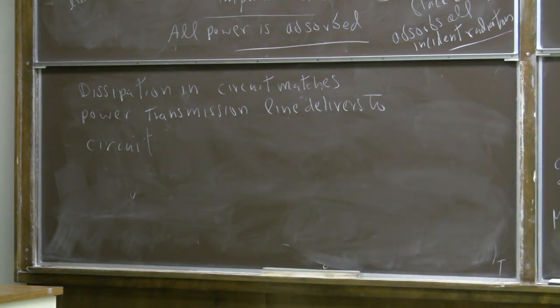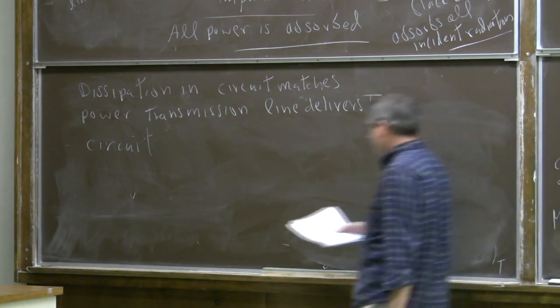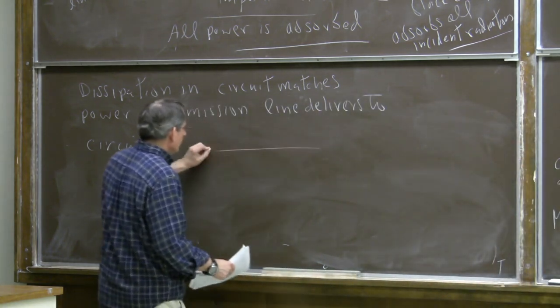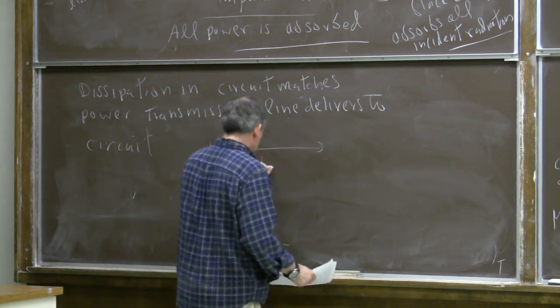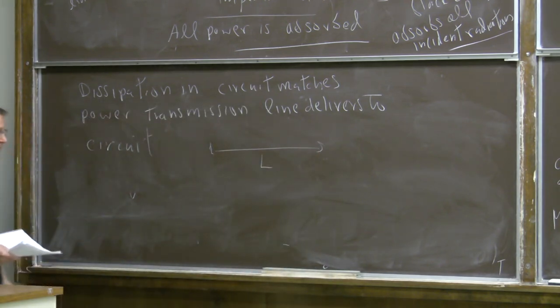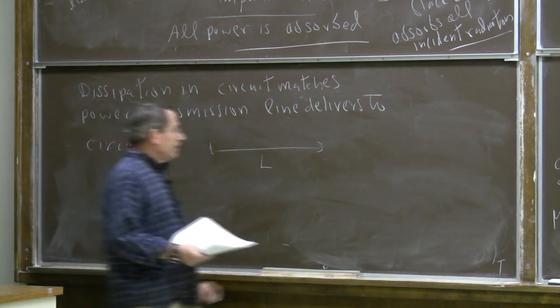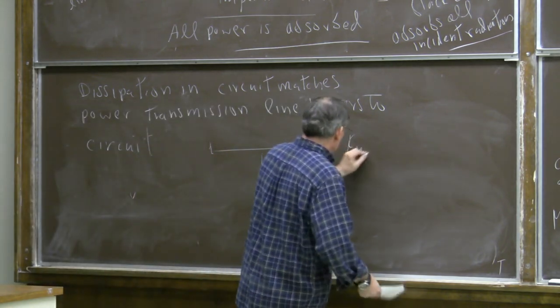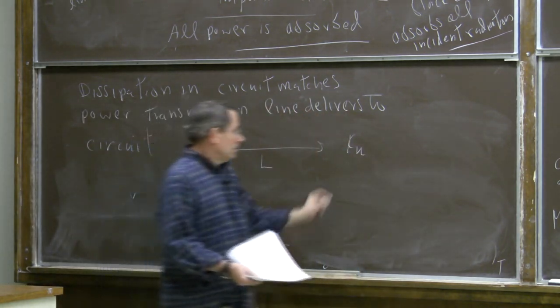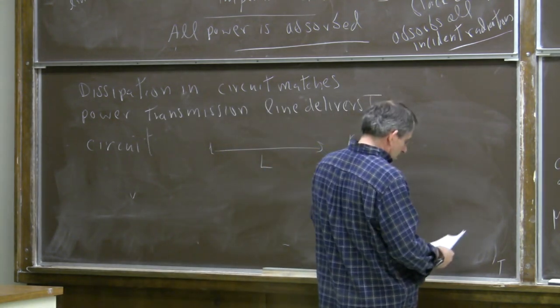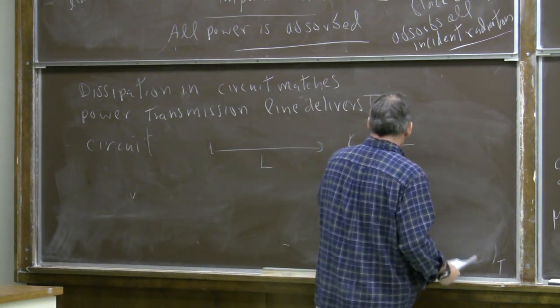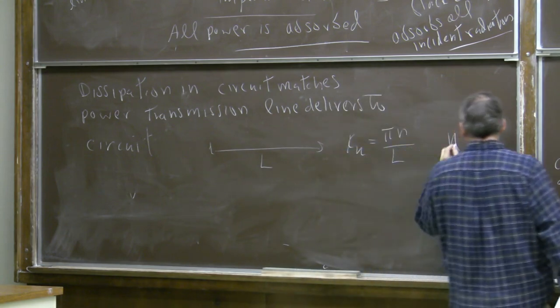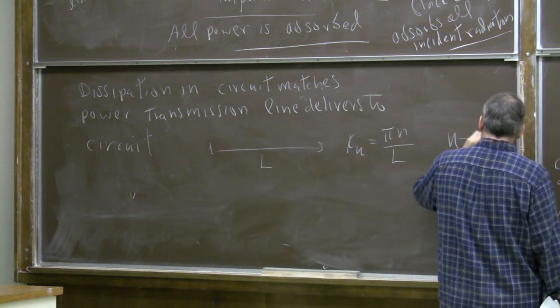So, what's that rate of power coming off the transmission line? Well, the transmission line is really just a cavity with radiation in it. So think of it as a one-dimensional cavity with length L, so that the wave numbers for the modes in the cavity can be written as pi n over L, where n is a positive integer.